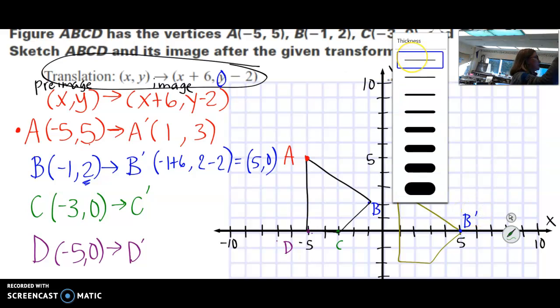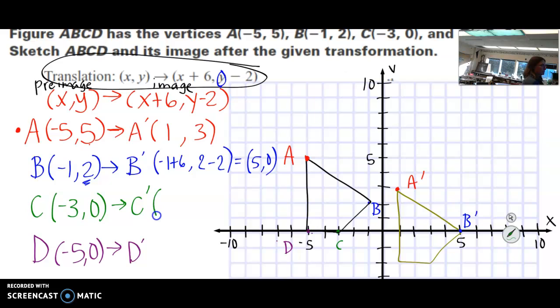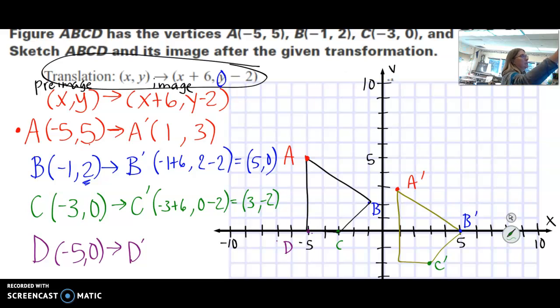And then I have C, whose new coordinates are -3 plus 6, and Y is 0, so 0 minus 2, and so that becomes 3, -2. So 3, -2 is right here, so this is my C prime. That's the image after it's been translated 6 to the right and down 2.